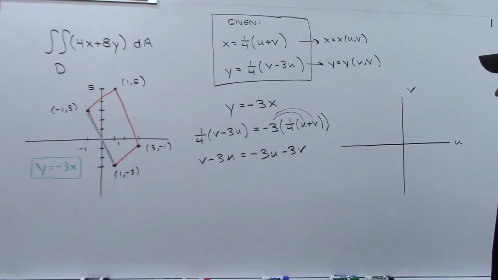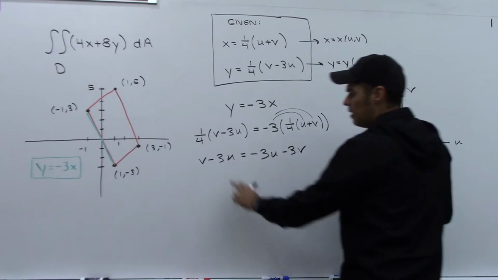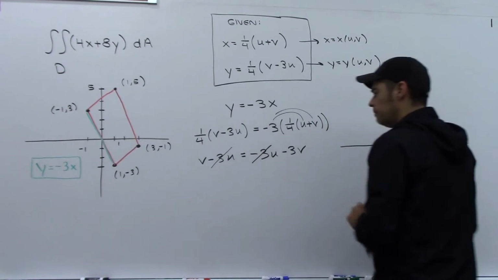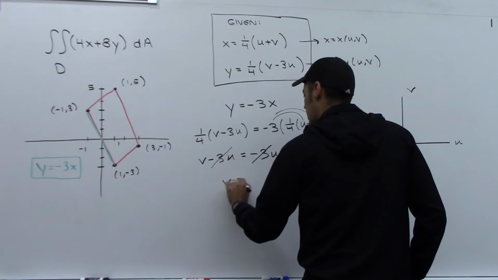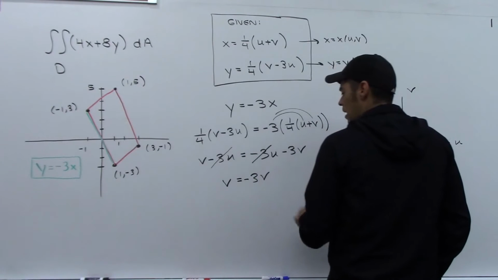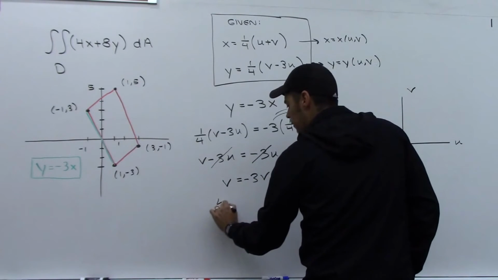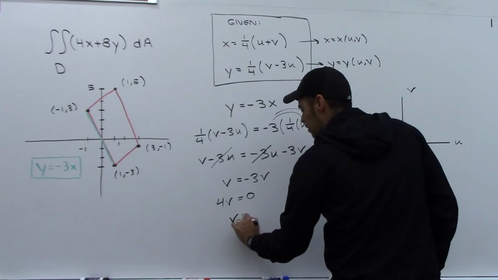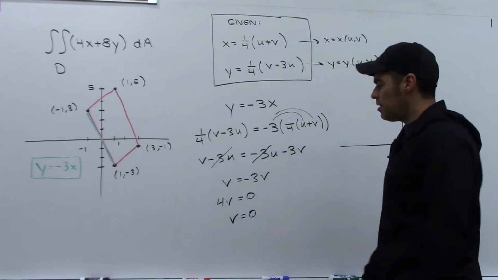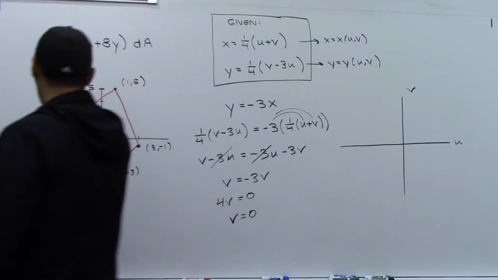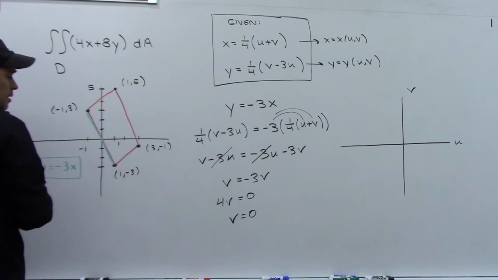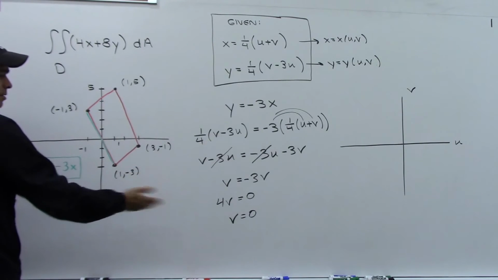Okay, well, what is that? Notice that I have negative 3u and negative 3u, that if I add 3u on both sides, they cancel. So I'm left with v equals negative 3v. And if I add 3v to both sides, I'll get 4v equals 0. And divide by 4, I get v is 0. So what this tells me is that this line segment here under the transformation given is going to turn out to be v equals 0.